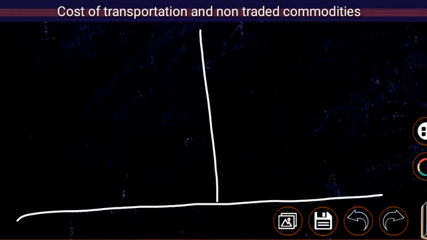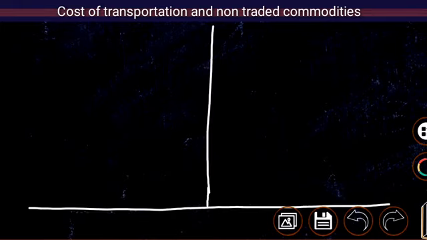On one side we are representing nation 1, which is exporting the commodity, and on the other side we are representing nation 2, which is importing the commodity from nation 1. On the x-axis we have the quantity of the commodity, and on the y-axis we are representing the price of the commodity.